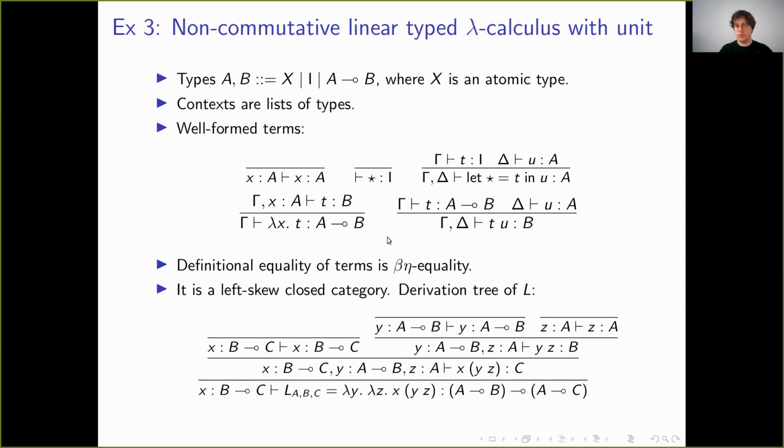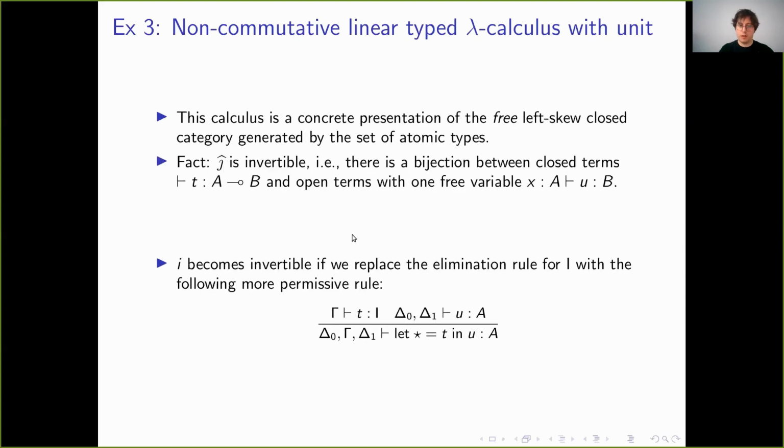You see, before it was restricted to come from the left part of the context, but now gamma can be anywhere in the context. And if you add this rule, which gives the invertibility of I and the associated left-skew closed structure, one gets the full non-commutative linear type lambda calculus with units, or what one usually calls non-commutative linear type lambda calculus with unit.